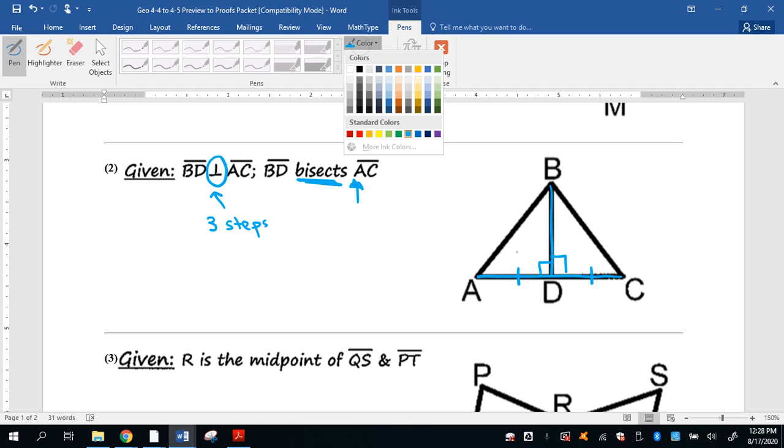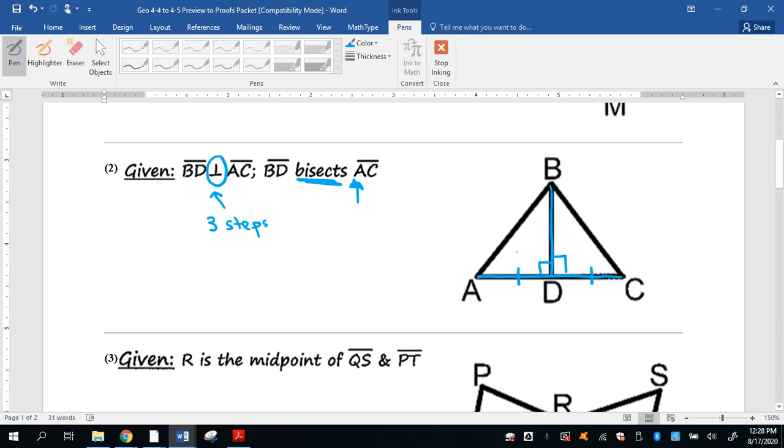And you would do one more thing in here. By definition of segment bisector, those two are congruent. You would also say by reflexive, BD is congruent to itself. So the two triangles are congruent by side, angle, side. I like to write it for both of them, making sure that they have the same order. So yes, those two triangles are congruent by side, angle, side.